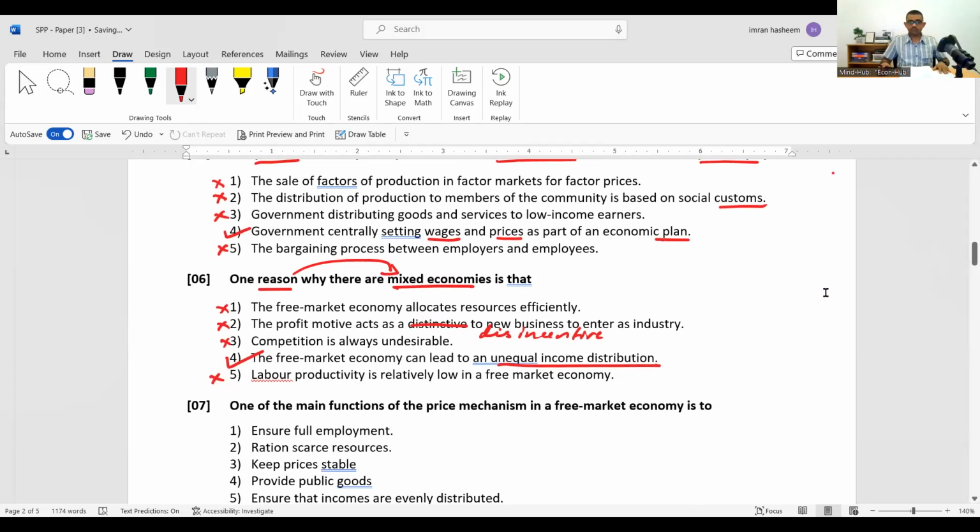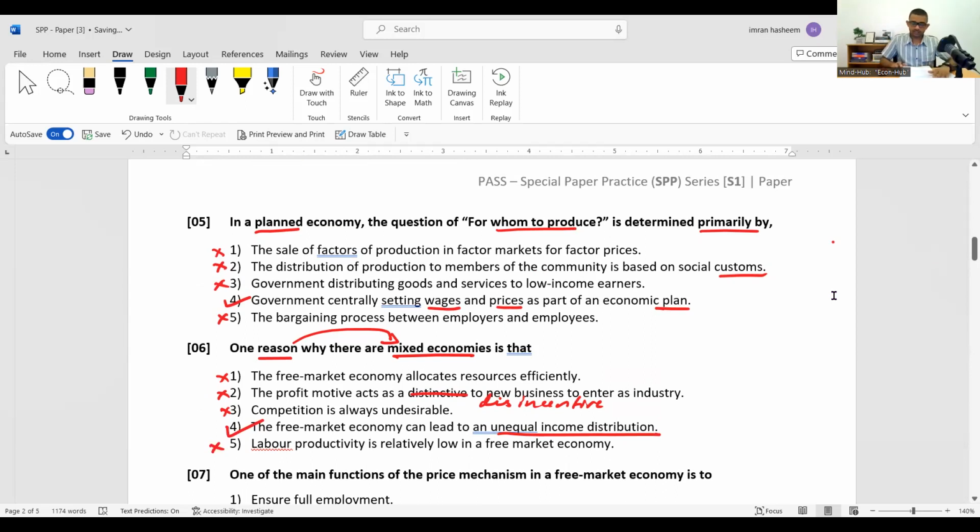Okay. Any questions? Can I see how many of the participants we have today were able to get answers correct for question 5 and 6, please? Question 5 and 6. If you got the correct answer, okay, I can see some hands being raised. Anyone else who could let me know?